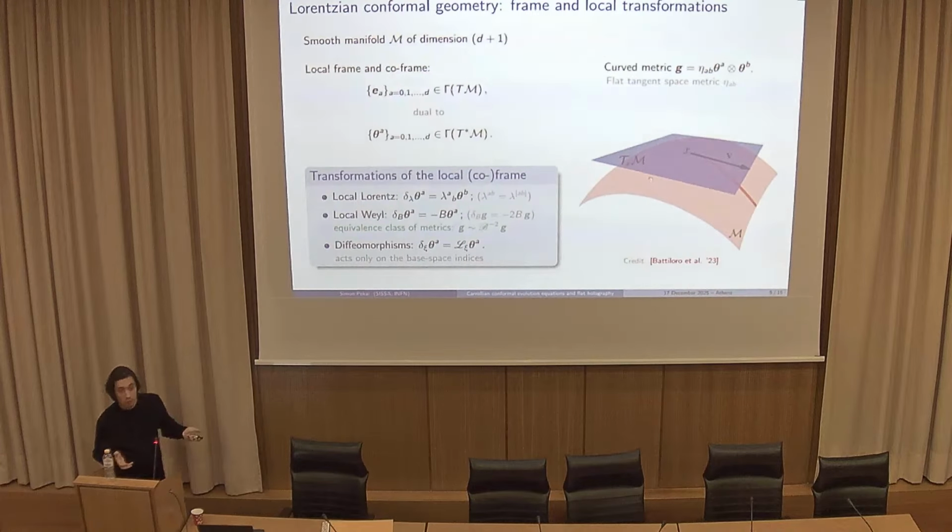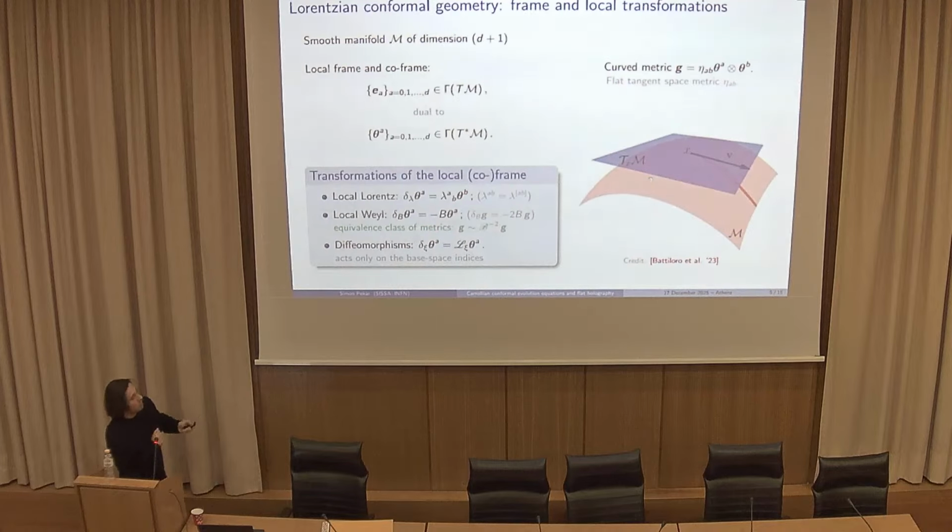Because we are in first order form, we have some extra local symmetries that act on the frame field. The first of which is a local Lorentz rotation with this matrix lambda, which is antisymmetric. And the second, because I'm considering conformal geometry, is going to be a local Weyl rescaling that I wrote here in infinitesimal form.